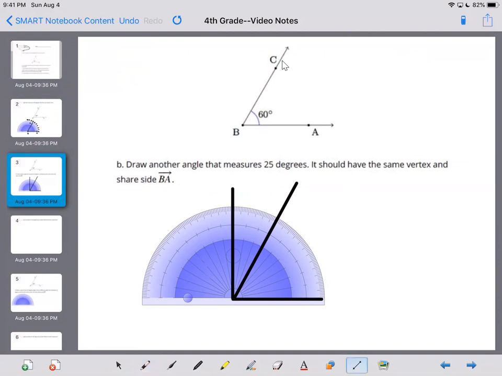So we've got 10, 20, and then this segment right here would be 25. So I'm just going to draw my line there and label that this is 25 degrees. We know that this entire angle here is 60. Just don't know what this is now. And it should have the same vertex. So it does, it shares the same vertex as B, and it shares the same initial side as BA, or ray BA.